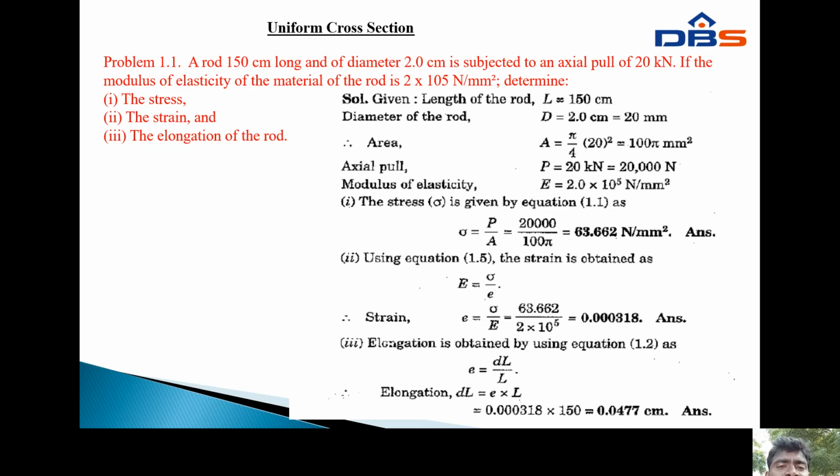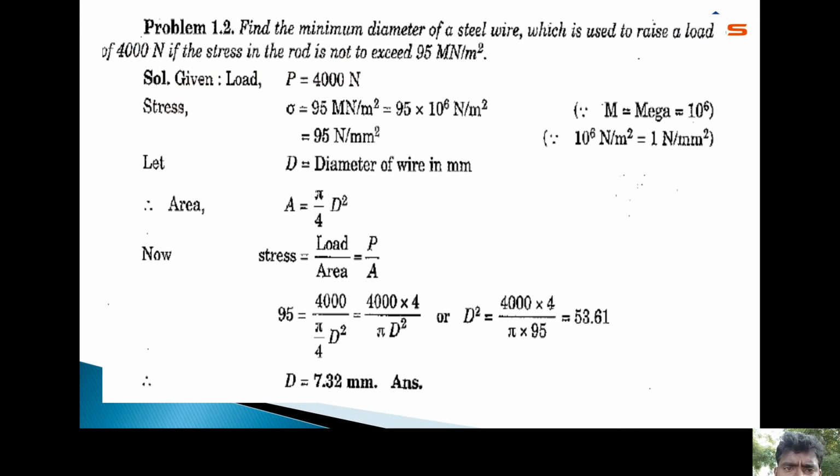L means the length of the rod, already given in the problem, 150 centimeters. Now 150 centimeters is converted into mm. In this problem there is a small mistake to avoid: when the 150 centimeters value is substituted in this equation, you must also convert it into mm. Okay, next.